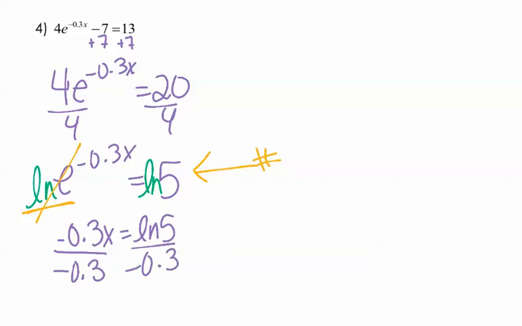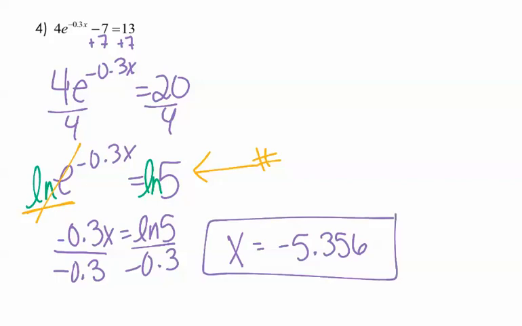The directions are telling us to round to the nearest thousandth, so that means 3 decimal places. So I should get x equals negative 5.356. If you do have to round prematurely, if there's some reason why you can't leave the natural log of 5 in your calculator before you divide, you should round to, I don't know, 5 or 6 places, and then round your final answer to the 3 decimal places.